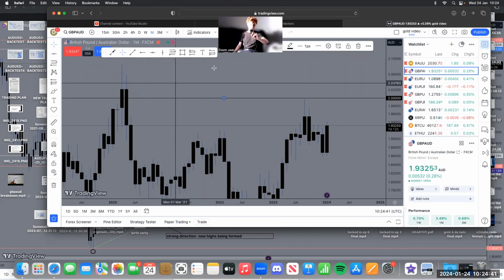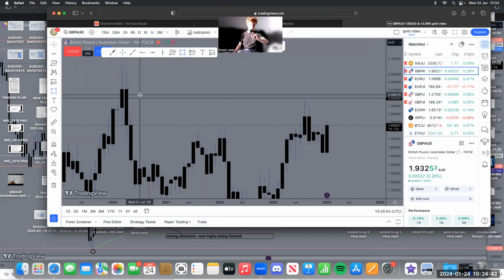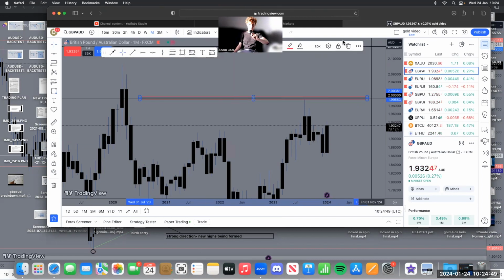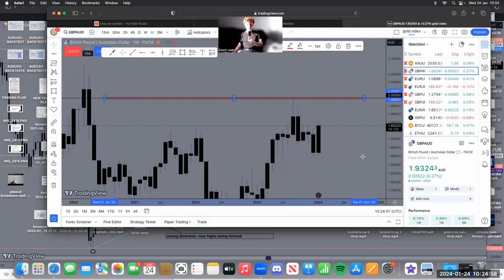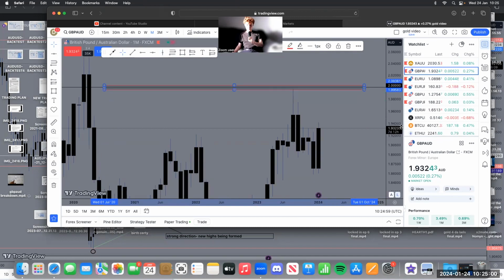So now that that's on 2000, you can set a little rectangle over it and make it whatever color you want. I'm not going to change my settings because it's my settings and that's just how I have them. But you can use whatever color you want.